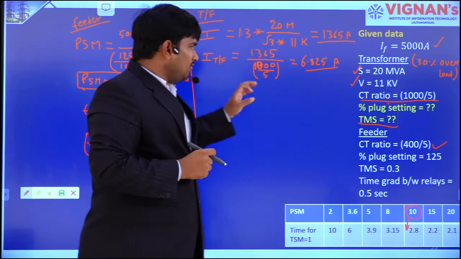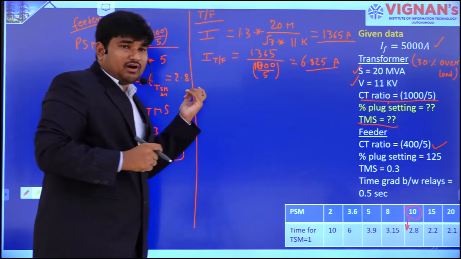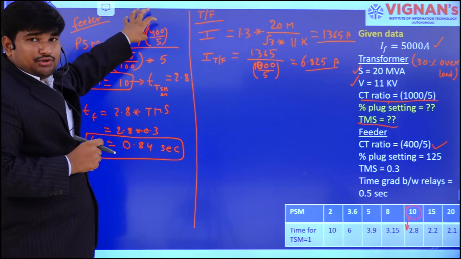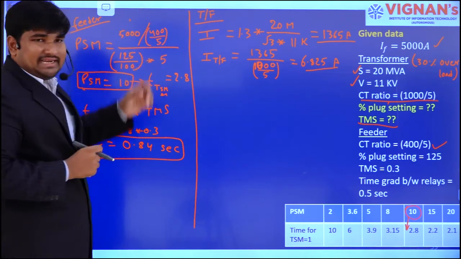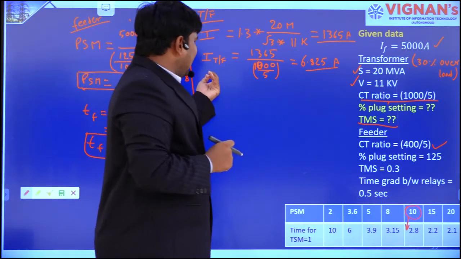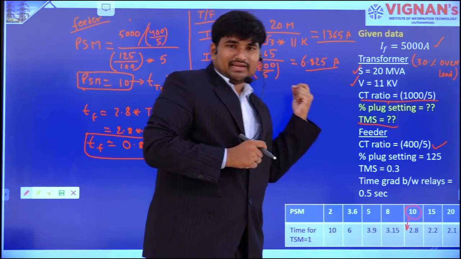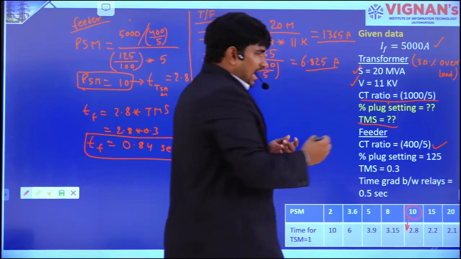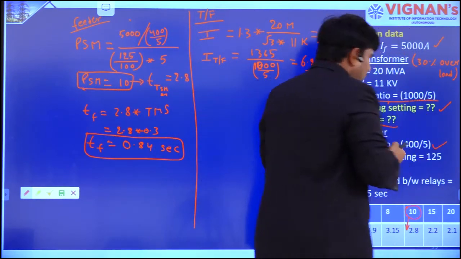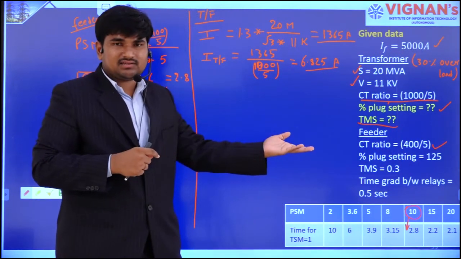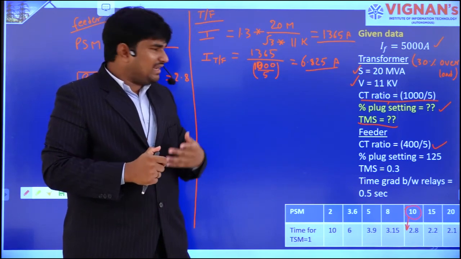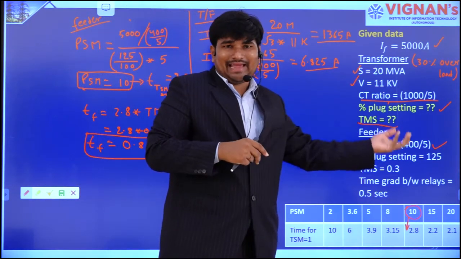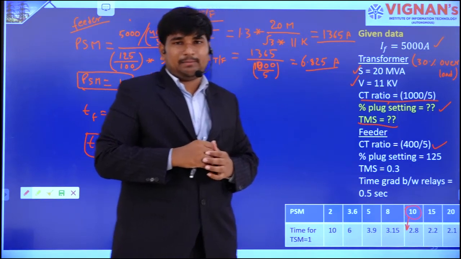Now I got the current, that is the numerator part in the plug setting multiplier, and I have to calculate the bottom one, that is the pickup current. But I don't have any value here. It is an unknown parameter, the plug setting. So how can I calculate this plug setting multiplier?